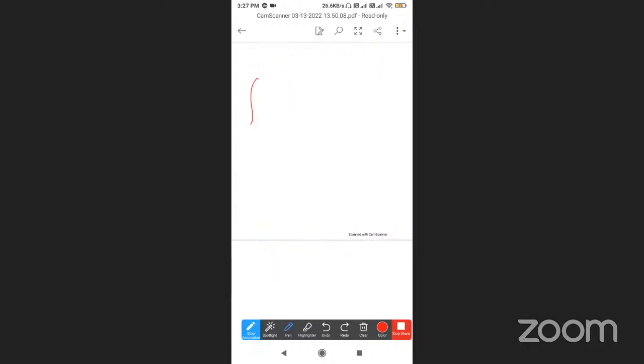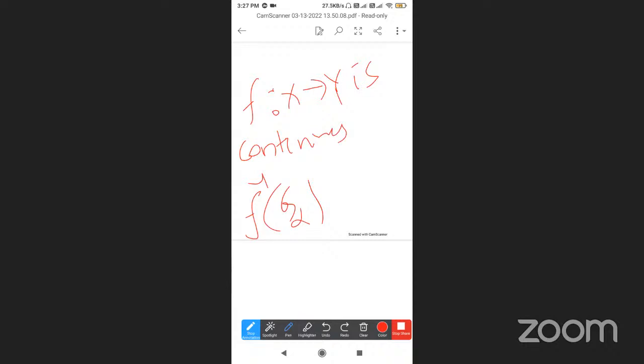We already know that f, a mapping from X to Y, is continuous. Then f inverse of G alpha should be open. That is, if f is continuous and G alpha is open in Y, then f inverse of G alpha is open in X, for every G alpha.